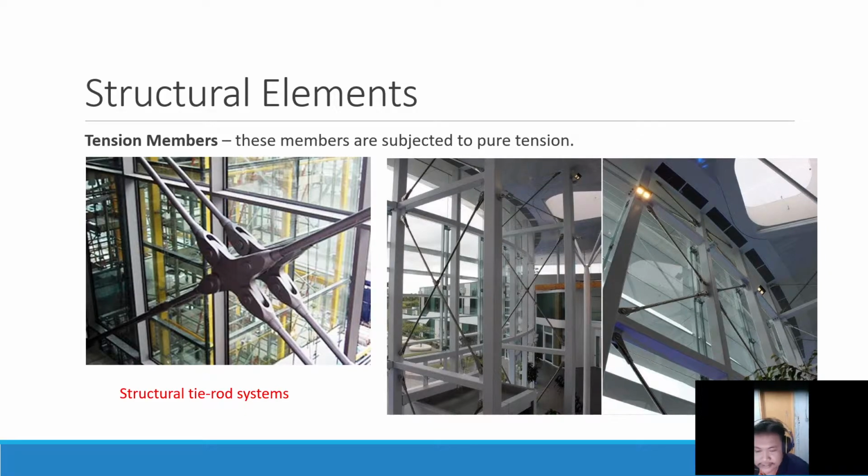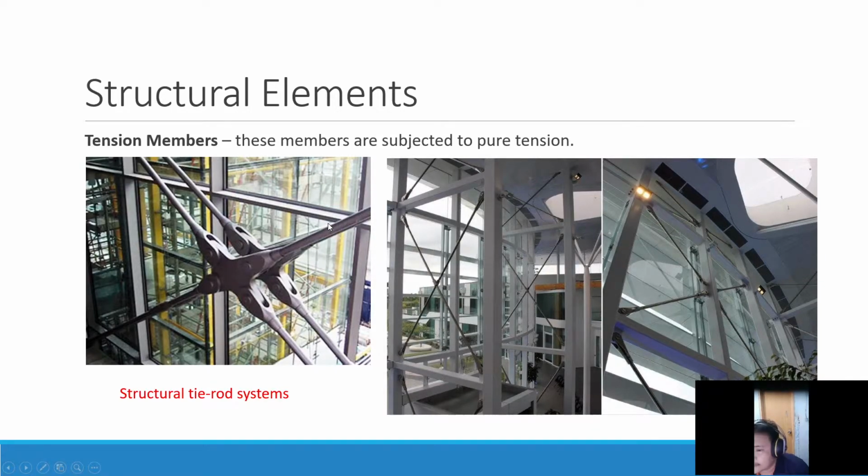They act as bracings, because without bracing, there are instability issues with frames, especially if the beams are long or the columns are high. So these are some tension members. Examples are the structural tie rod systems. They are subjected to pure tension.